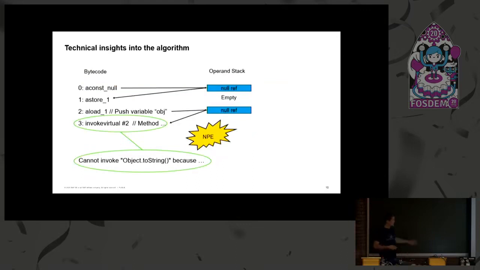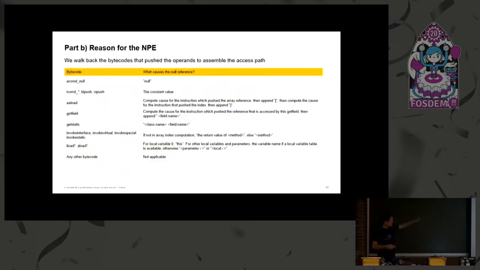Then for the second part, the because, why the null reference was pushed, there's a little bit more to be done here. In the easy case, you have something like an aconst_null. Then we can only say null is null, sure. There are constant operations, so we know the constant that is pushed on the stack. We can just name it. For an array, we do two things.